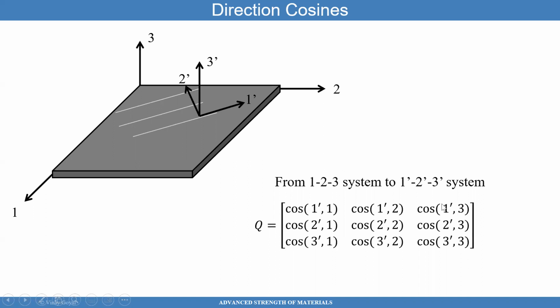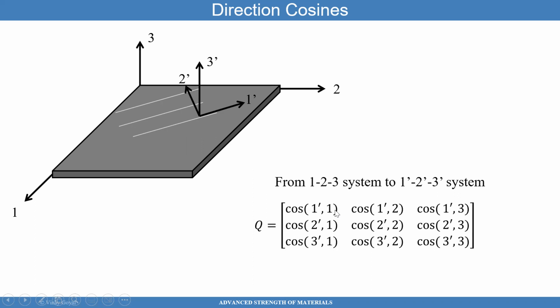For example, in this first row and first column, I have the cosine between the 1 prime and the 1. So this cosine has to be calculated. You basically need to know the angle between the 1 prime axis and the 1 axis here, and if you know that angle, then you can calculate that cosine.